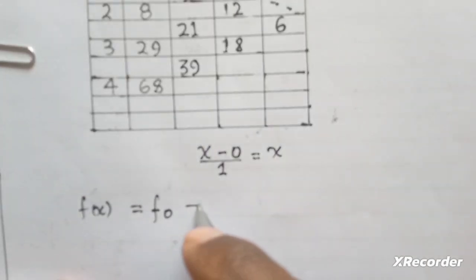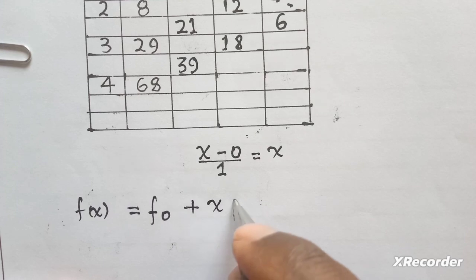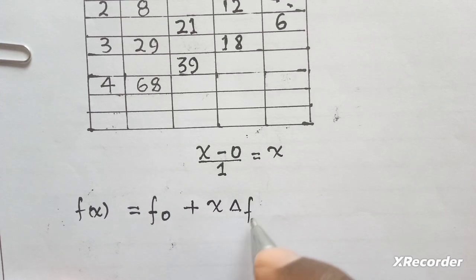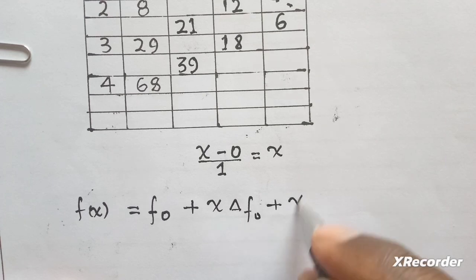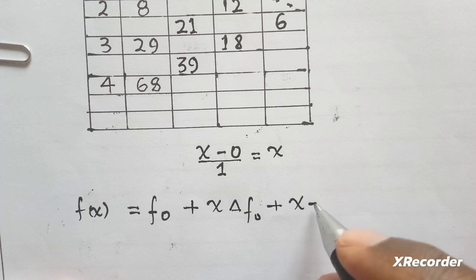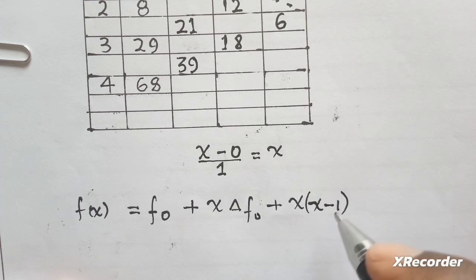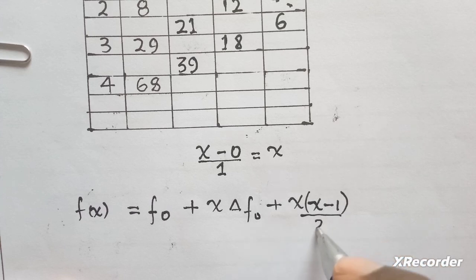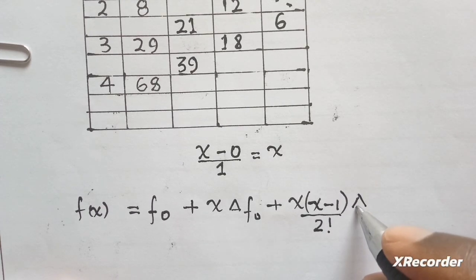Plus X times the first difference of f0, plus X, minus, we put it here. This will be X again, minus 1, all over 2 factorial. Then we go to the second difference.